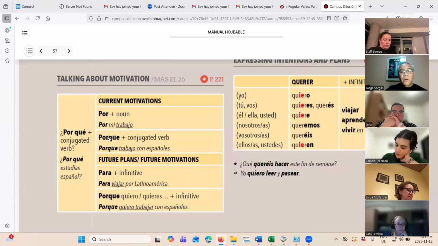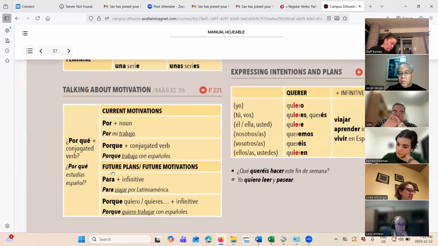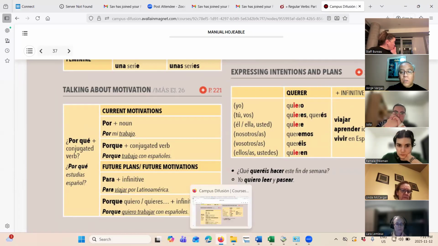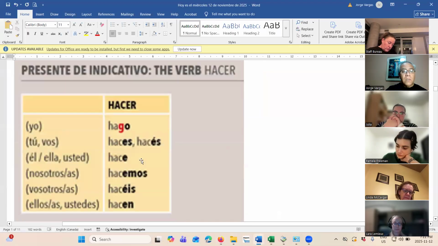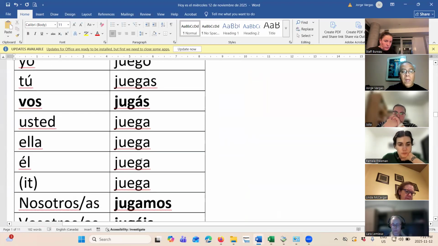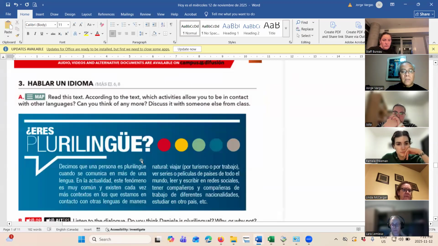And you have the word por right there. And you have the word para right there. So what we'll do, we're going to go ahead to this section, and then we'll go back to what we were doing in order to answer your question, Pamela. I'll go way to the bottom, and then we'll go back to what we were doing last class.